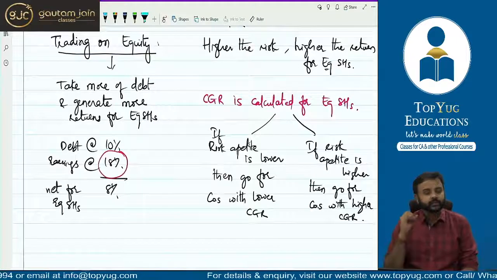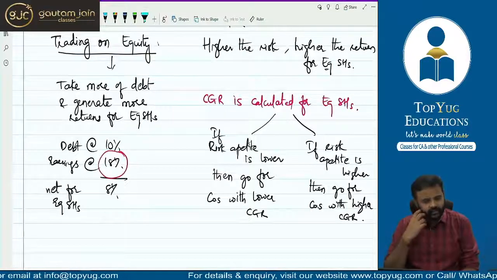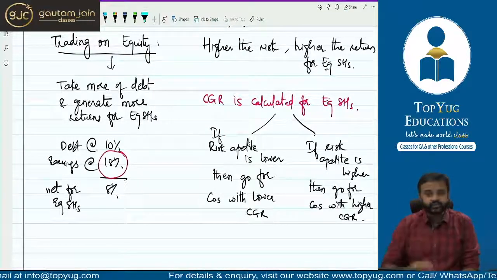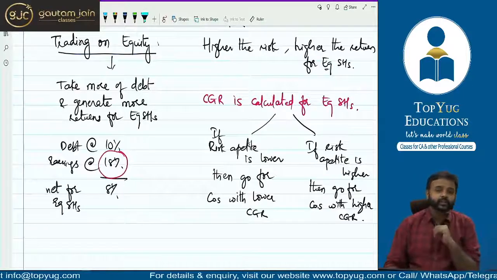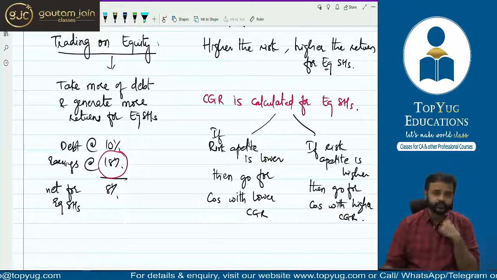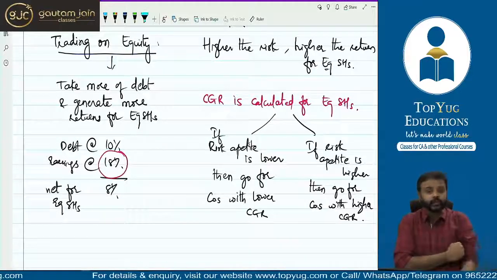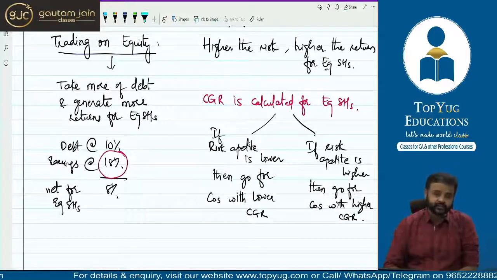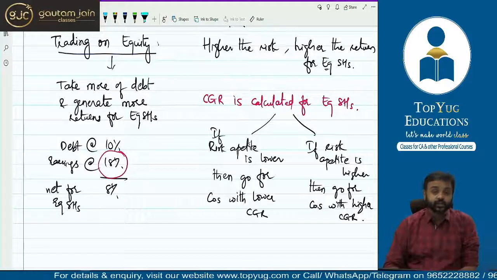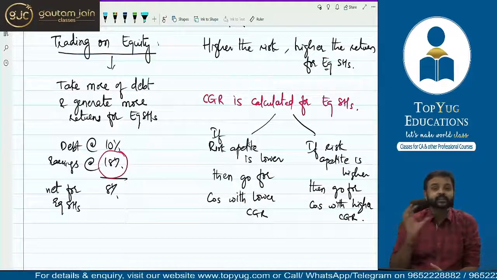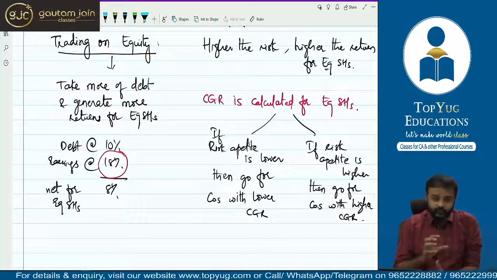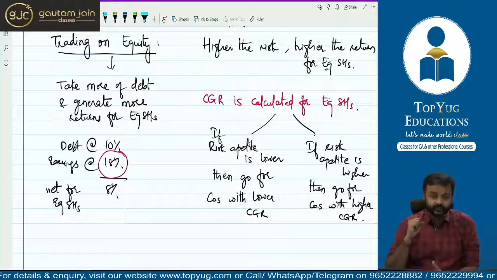Okay, acha. I could recall some examples. If I just talk about an example here, it happened in the case of Tata Steel. If you've heard of Tata Steel, some time back it acquired Corus Steel. Corus Steel was a bigger company than Tata Steel. So small fish eating the bigger fish. That was what happened.